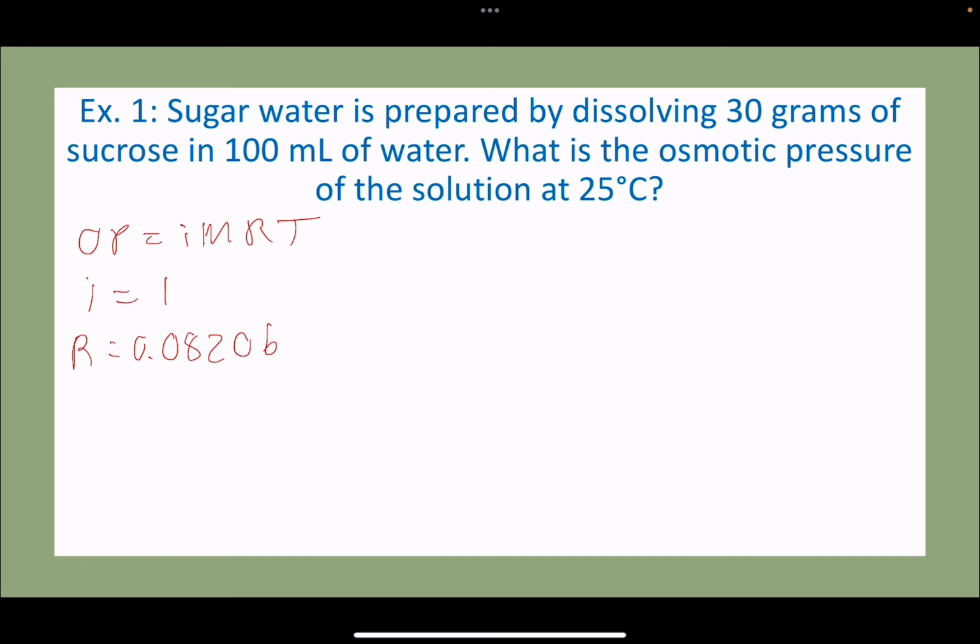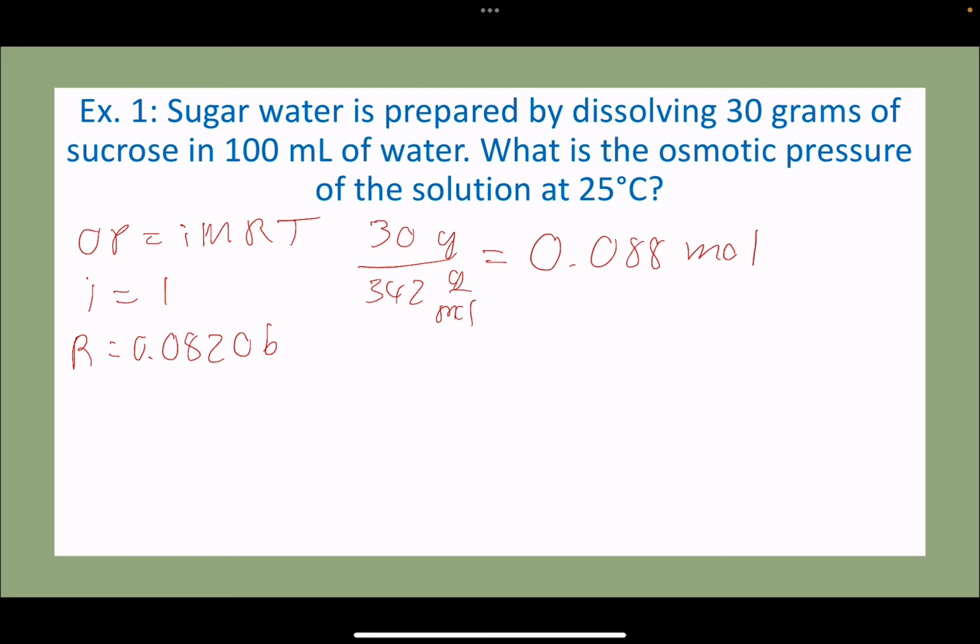The molarity of the solute can be found through a calculation we know well. First, we need to convert grams of solute into moles of solute. The molar mass of sucrose is about 342 grams per mole. 30 grams divided by 342 equals about 0.088 moles.